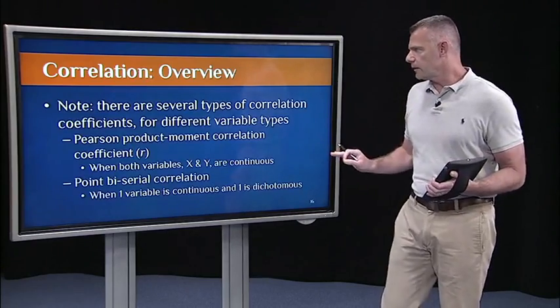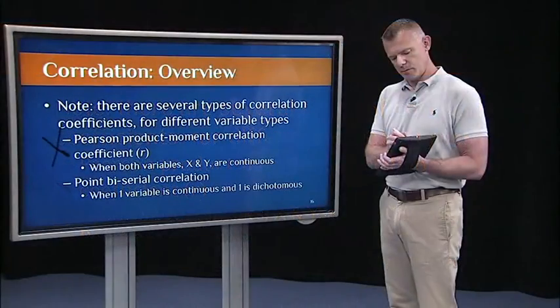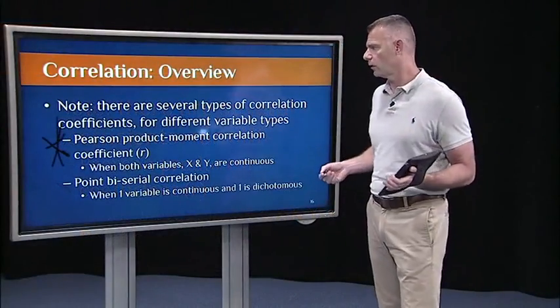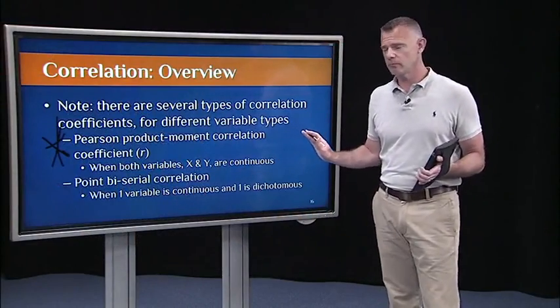This final note is there are several types of correlation coefficients depending on the types of variables that you're looking at. So go back to lecture 3 where we talked about types of variables. I'm going to emphasize this one right here, the Pearson product moment correlation coefficient, or little r. That's what we're going to focus on in the next segment.